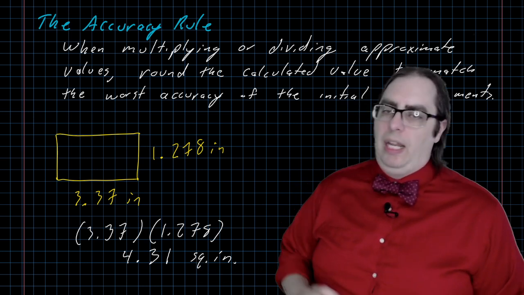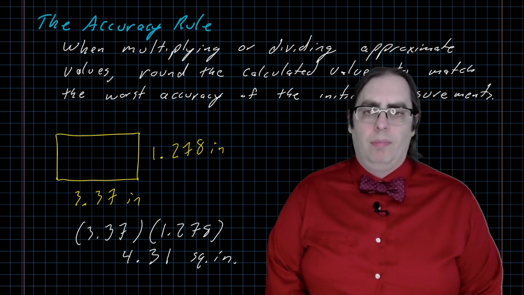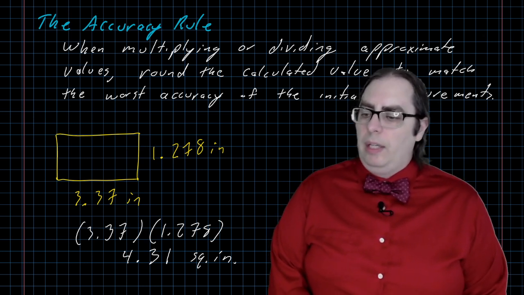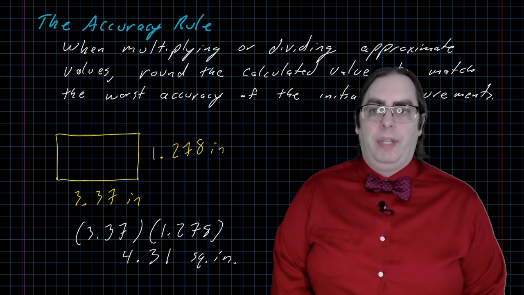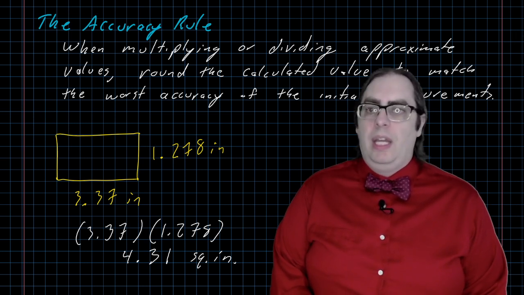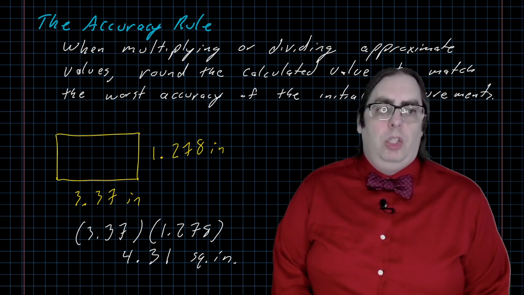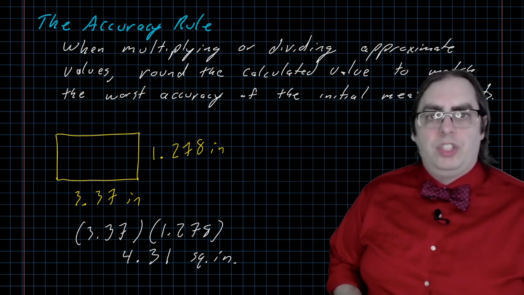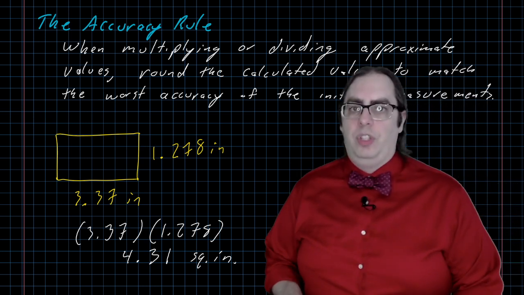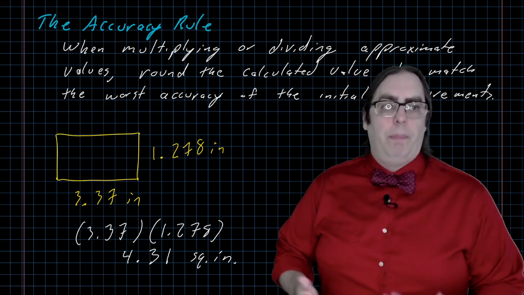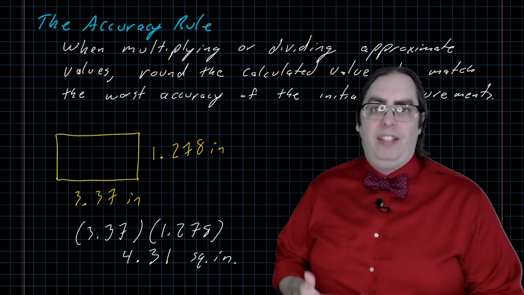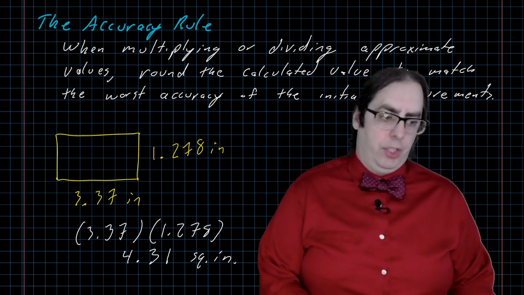That's why we need a rule like this. All right, so the same idea holds for multiplication and for division. And again, it's very useful here because the precision doesn't make sense, right? Precision is nonsense. We're comparing apples to oranges. Things have different units of measure.